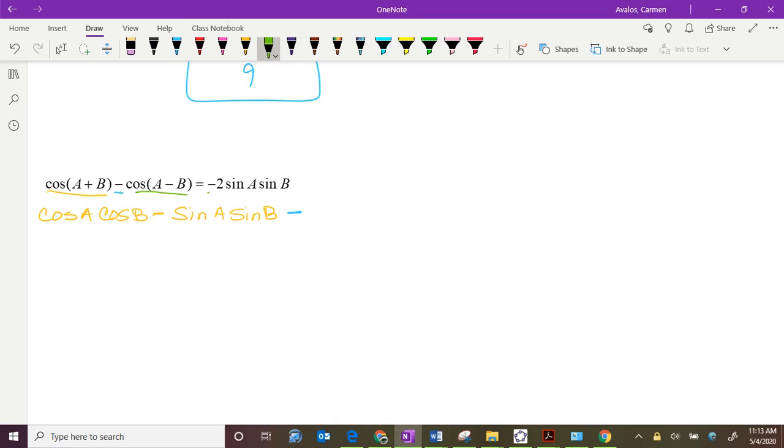So we're going to do the cosine of A, the cosine of B. And now it's a minus, so this is going to be a plus, and it's going to be the sine of A, the sine of B. And equals.